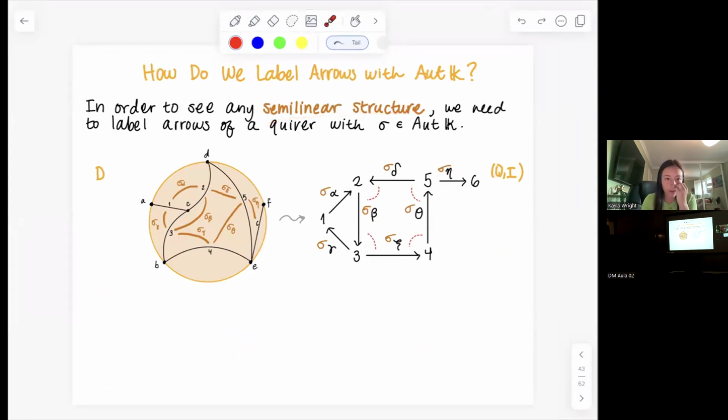The first idea we had was to see the arrows on the surface for certain. But the roadblock was that when we have these internal faces, it's hard for us to distinguish how we're going to label all of these automorphisms, because we don't have a nice way to split it up when it's this big giant face.